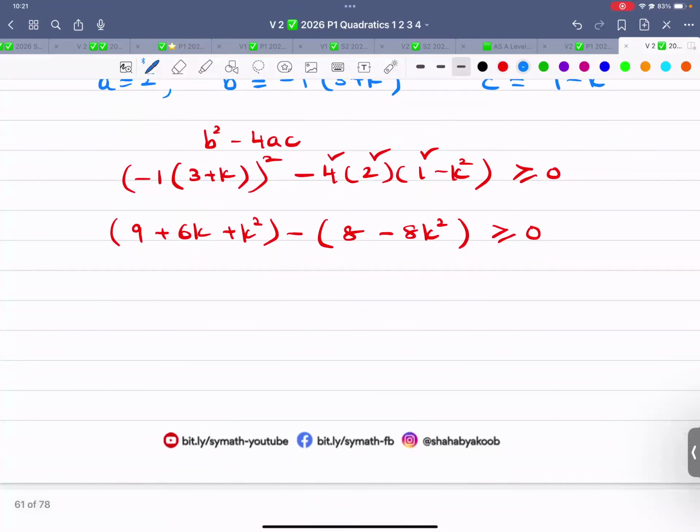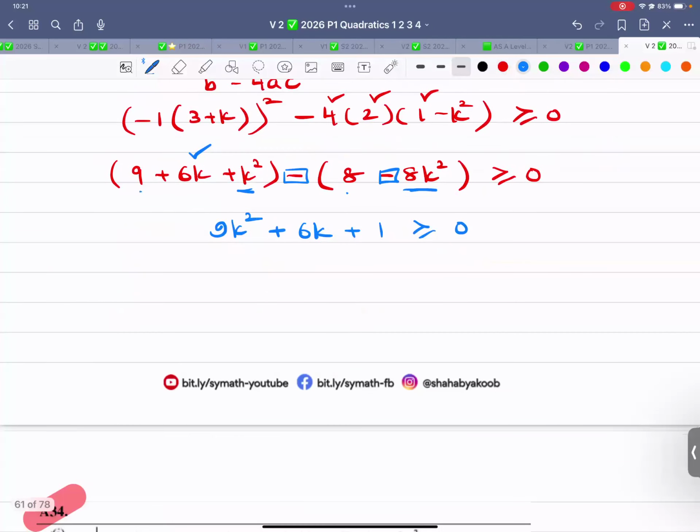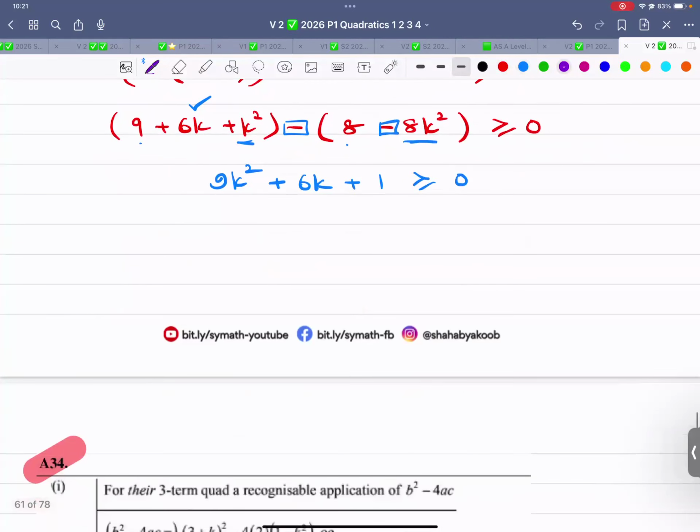So this k squared and this k squared with this negative, this becomes 9k squared. And then what do we have? We have 6k. And then 9 minus 8, that is 1, is greater than or equal to 0. Okay, now can this be factorized? I think so. It will be factorized. So therefore, this is 9k squared plus 3k plus 3k plus 1 is greater than or equal to 0.